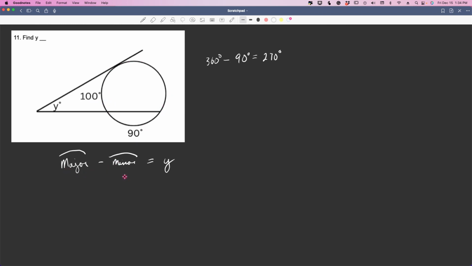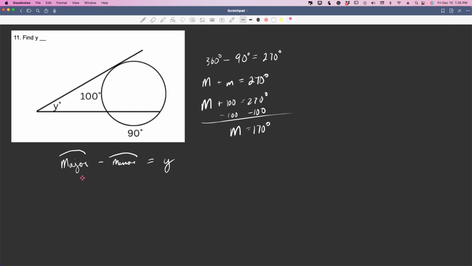Right now we have that the major plus the minor is equal to 270. So the major plus 100 is equal to 270. If we subtract 100 from both sides, the major arc is 170 degrees.